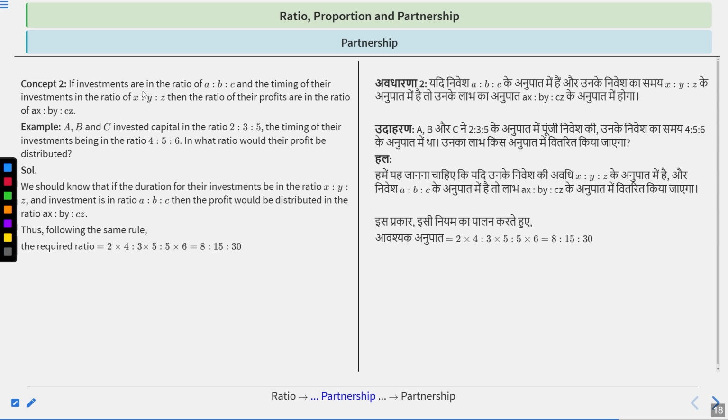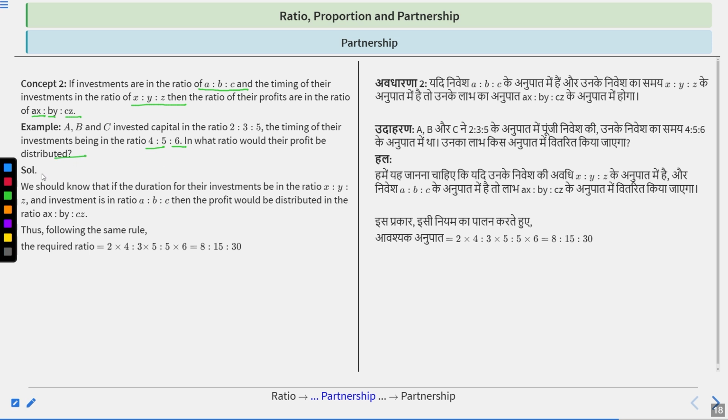Next one. If the investments are in the ratio of A, B and C and the timings of their investments are in the ratio of X, Y, Z, then their profits are in the ratio of AX ratio BY ratio CZ. For example, A, B, C invested capital in the ratio 2:3:5, with the timing of their investments in the ratio 4:5:6. In what ratio would their profit be distributed?